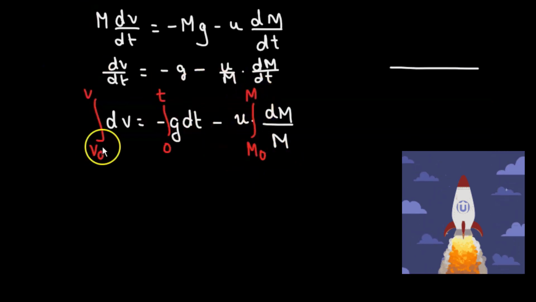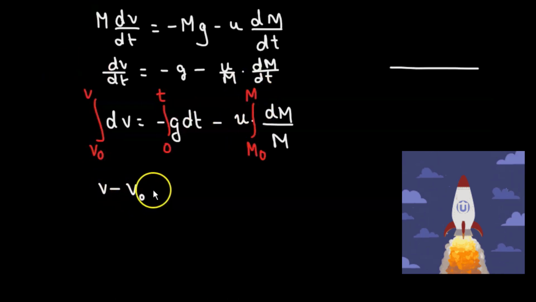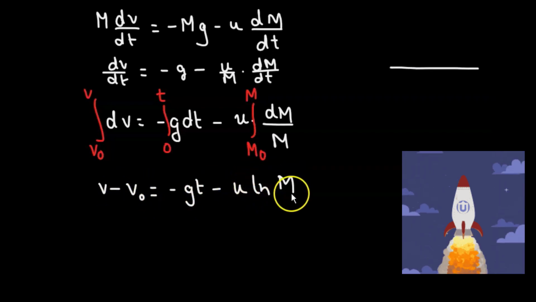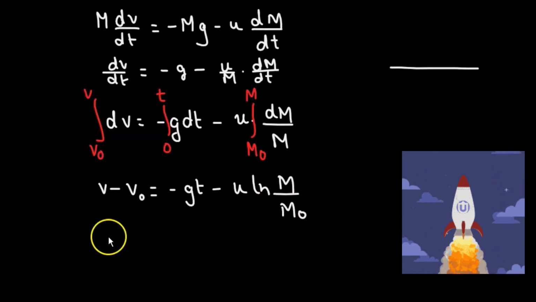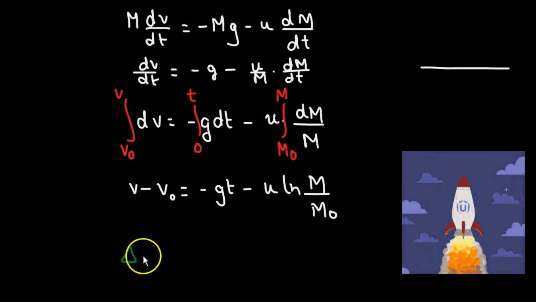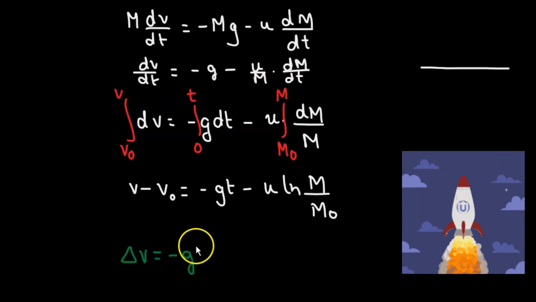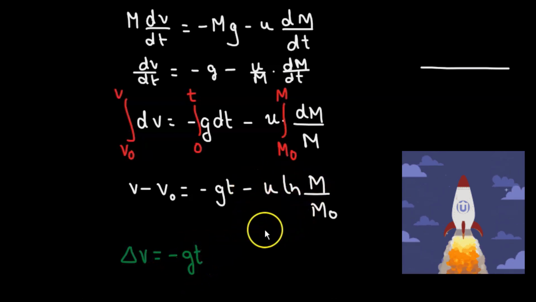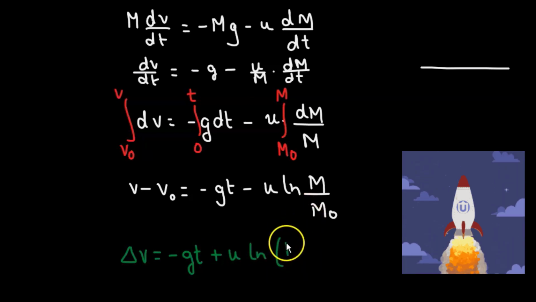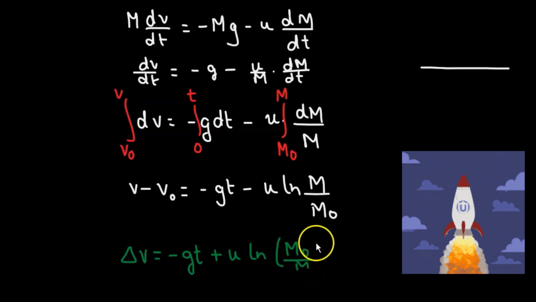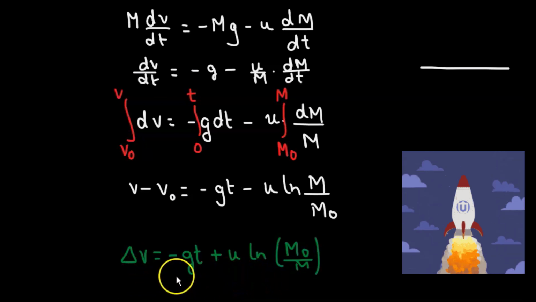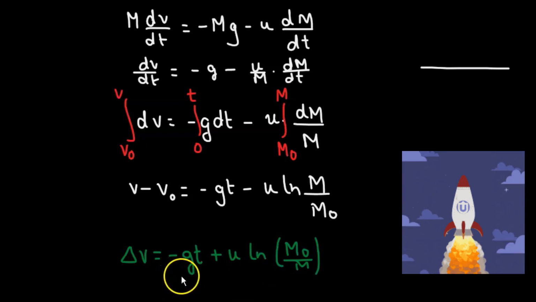It's a very straightforward integral, so we have v minus v naught equals negative gt minus u times natural log of m over m naught. We can rewrite it so that the change in velocity v equals negative gt, and the minus is taken care of, giving positive u times natural log of the reciprocal, m naught divided by m. If we compare it with our previous case where the rocket was moving in free space, it's quite similar except for this extra term negative gt.